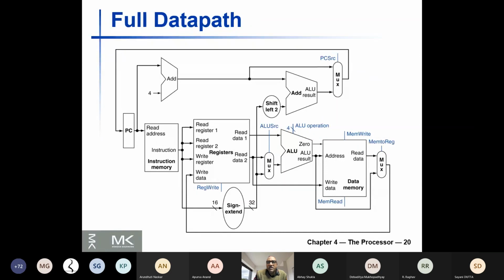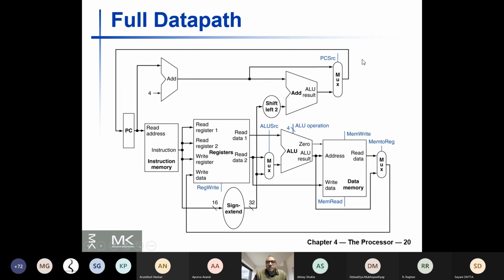Based on the condition, the next instruction to be executed depends upon the condition validated by the instruction. It also takes care of the branch instructions in addition to R format and load and store instructions.